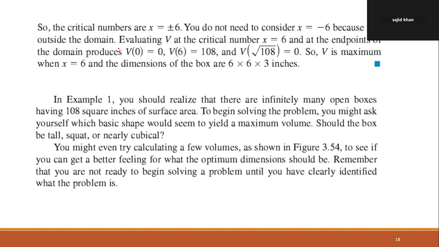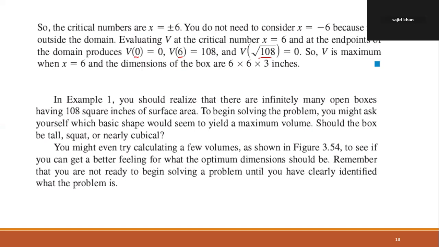So here we have 0 as the first boundary of this interval and the second boundary is square root of 108, and the middle point, from A to B, is basically the critical number, and the critical number is 6.